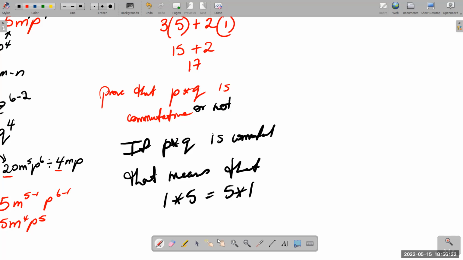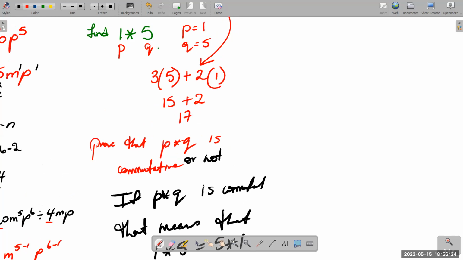And why did I use this? That's the first thing they give me to find. Why go make up 2 new equations when you could use what you have already found? You found 1 star 5. Agree or disagree? So all you need to go and find is who? Not just 5 star 1.